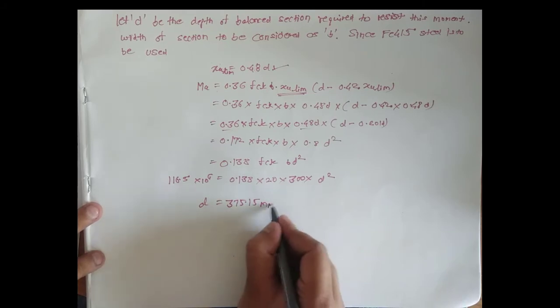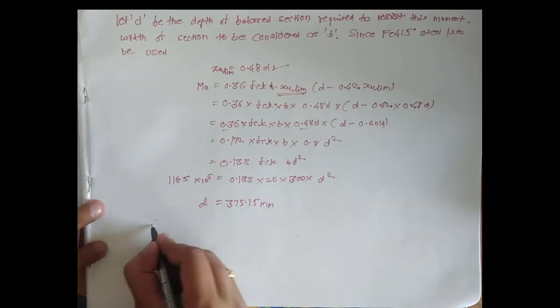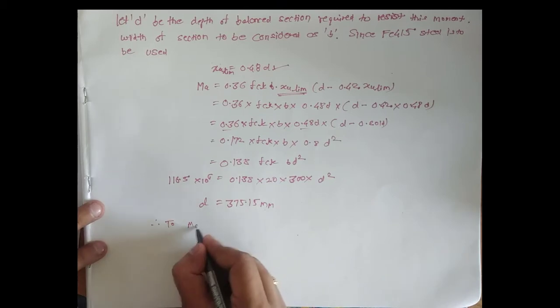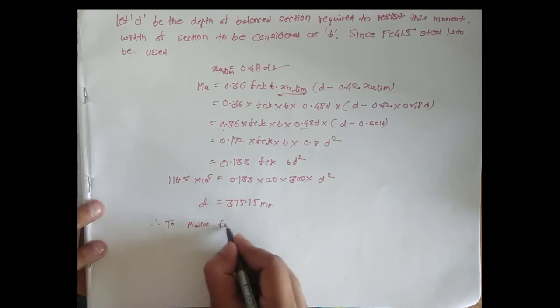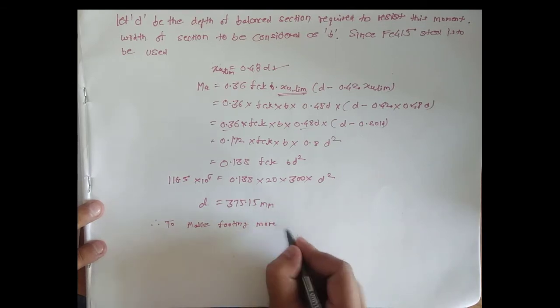That is in mm. You need to do this calculation. Now we need to multiply it by 4 by 3. Why? To make the footing more flexible.